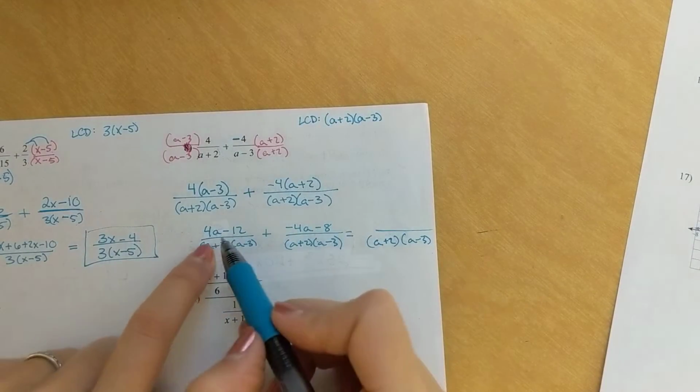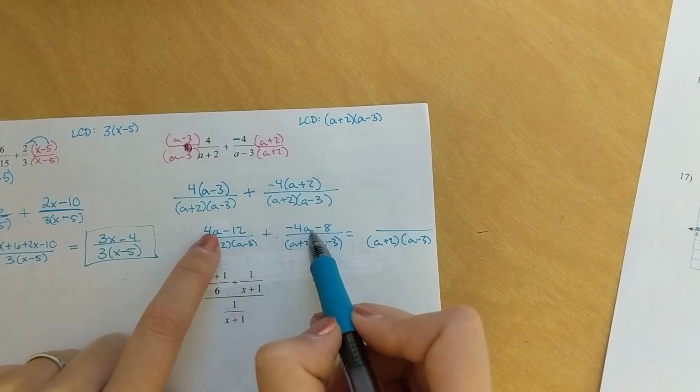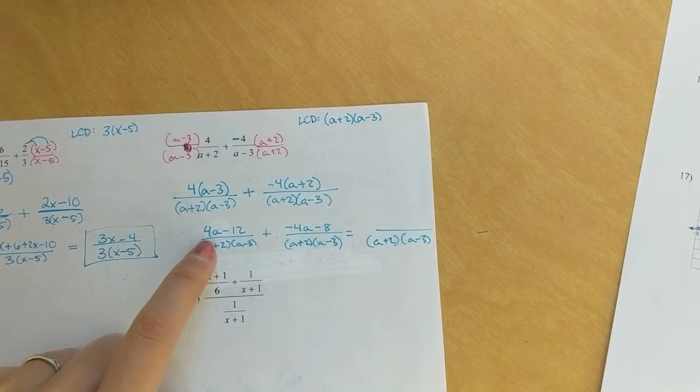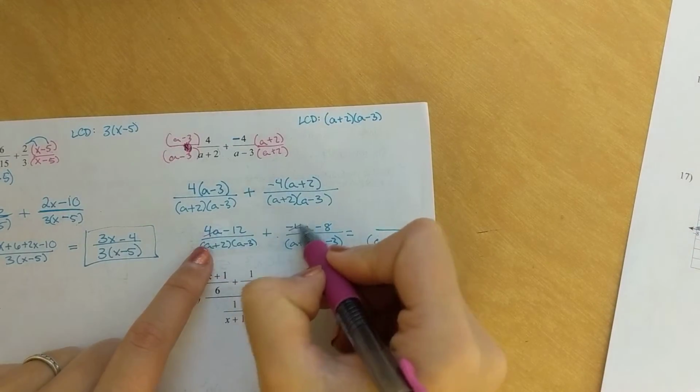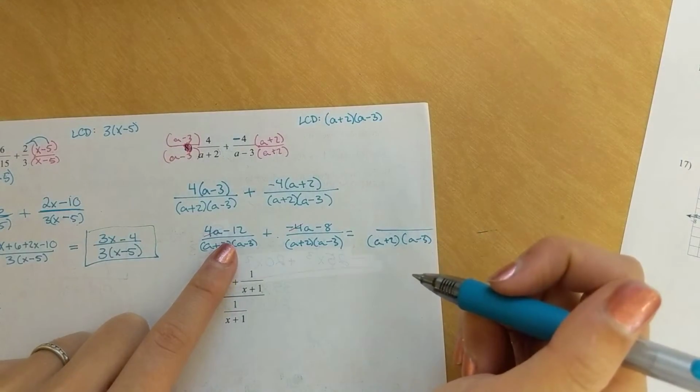Okay, I'm going to combine like terms. I have 4a plus negative 4a is 0. And then I have negative 12 plus negative 8 should be negative 20.